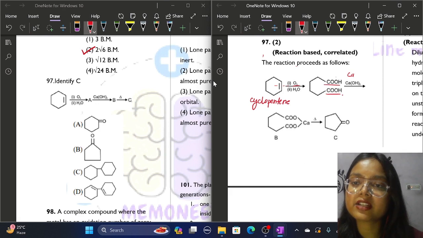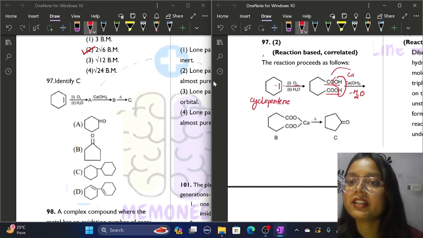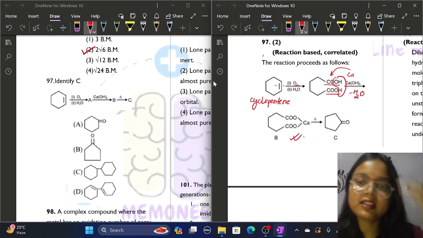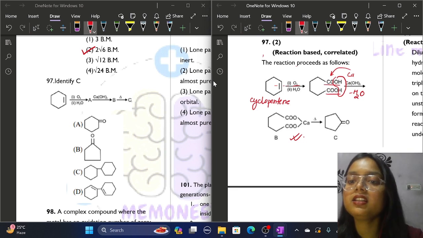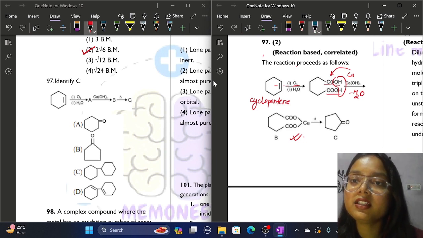What happens with reaction with calcium hydroxide? One molecule of water is removed and the calcium gets linked up with these two carbonyl groups, and it follows this type of structure, which on heating, what happens?